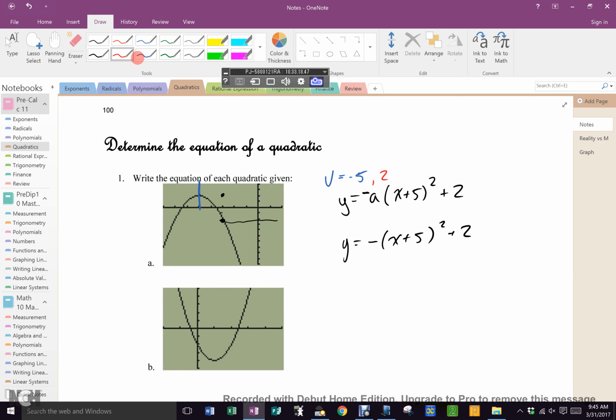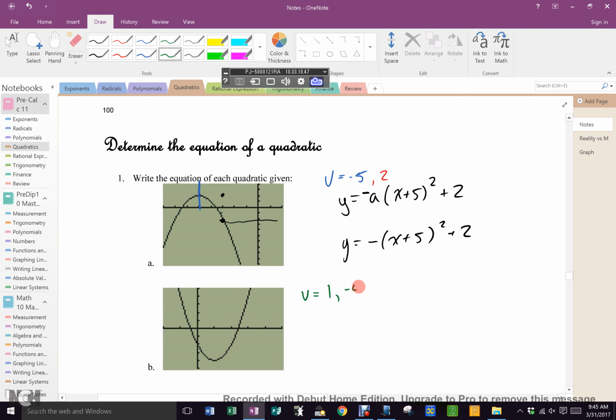Check your vertex and work from there. When somebody has what they think is the vertex, go ahead and volunteer it. 1, -4. Right?